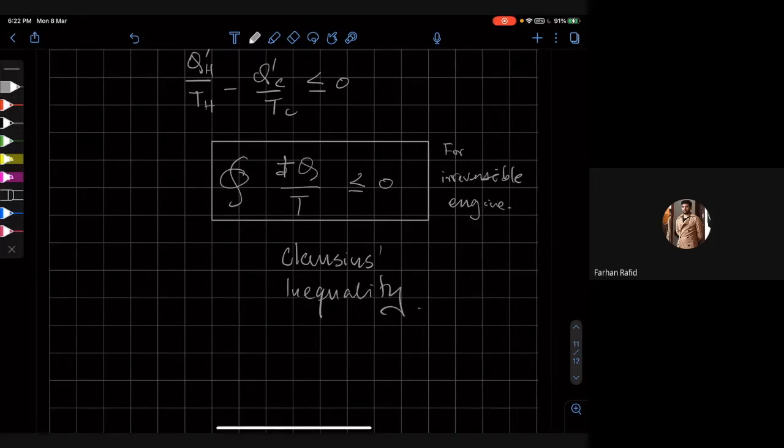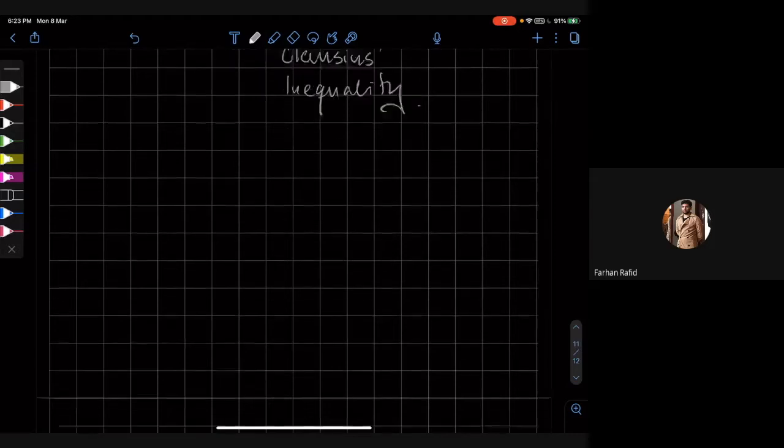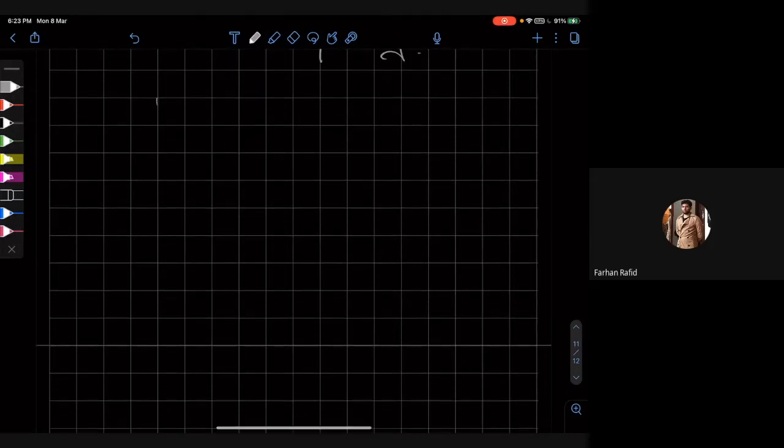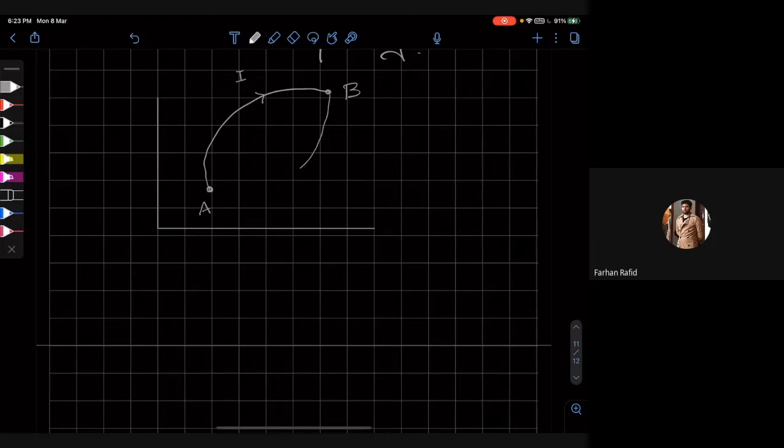Now let's use Clausius's inequality for irreversible engines and the definition of entropy together. Suppose that we have two states, A and B, and A is connected to B through some path 1, and then we loop back through path 2.